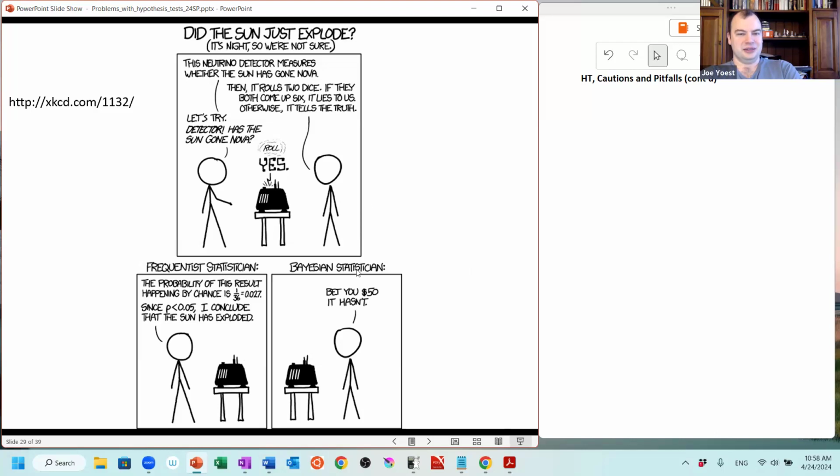But yeah, I think this points out one of the issues with hypothesis tests: what we think we're saying when we say something like I reject the null in favor of the alternative really isn't what we're actually saying. What we think we're saying when we report p-value less than 5% or less than 1% often isn't what we're actually saying. It's very difficult and nuanced to interpret hypothesis tests.